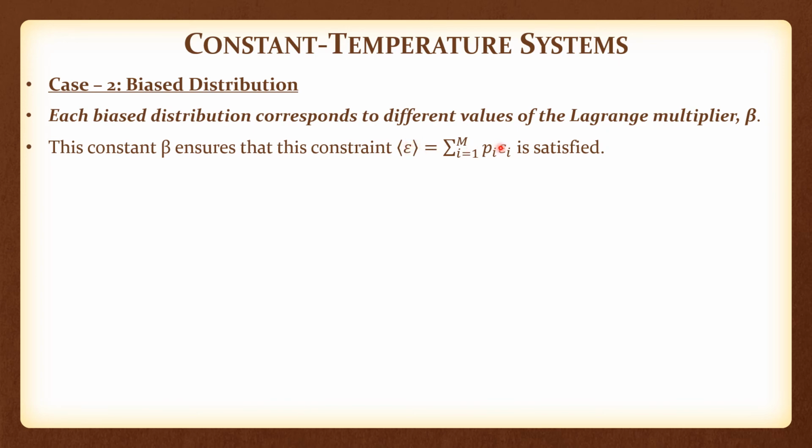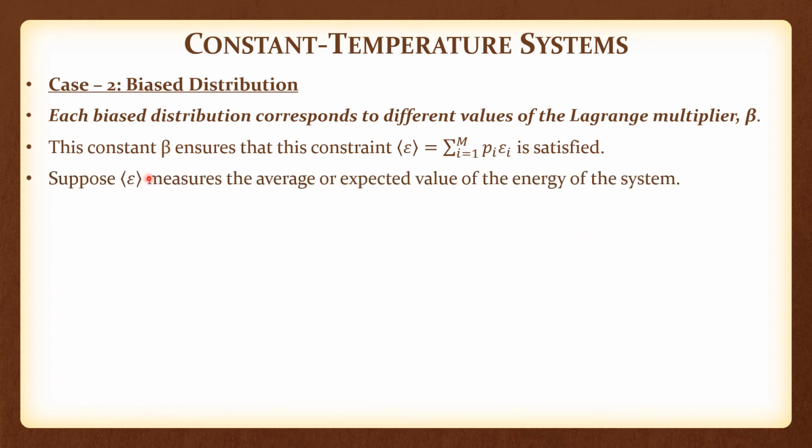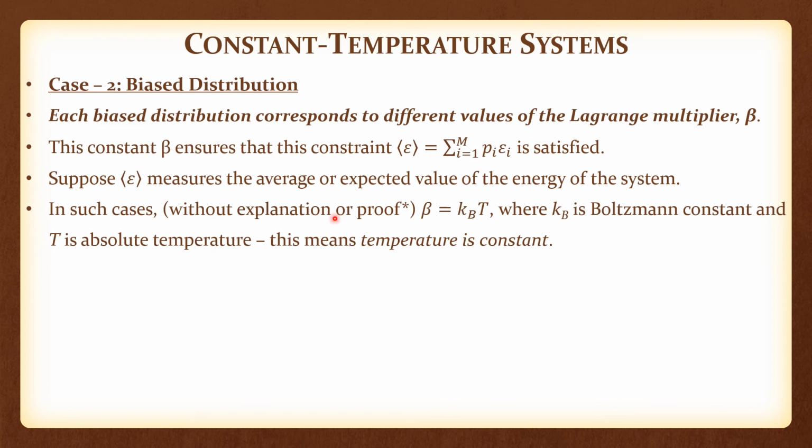This constraint is satisfied by the choice of the constant beta. Suppose, as I said, the expected value of epsilon measures the average or expected value, the energy of the system. In such cases, I am not giving any proof. I'm giving what the value of beta is.